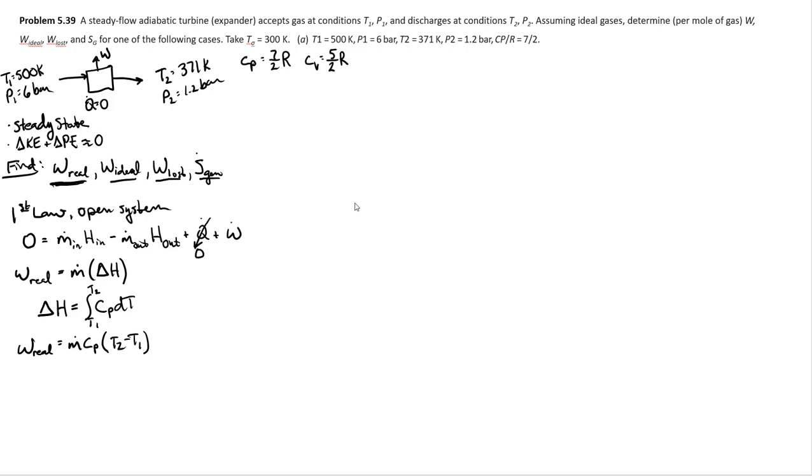We don't know m dot, so we're just going to keep everything on a per mole basis. You can think of dividing through by m dot, but I'm just going to leave it like this. So this is 7/2 times 8.314 joules per mole Kelvin times 371 Kelvin minus 500 Kelvin.